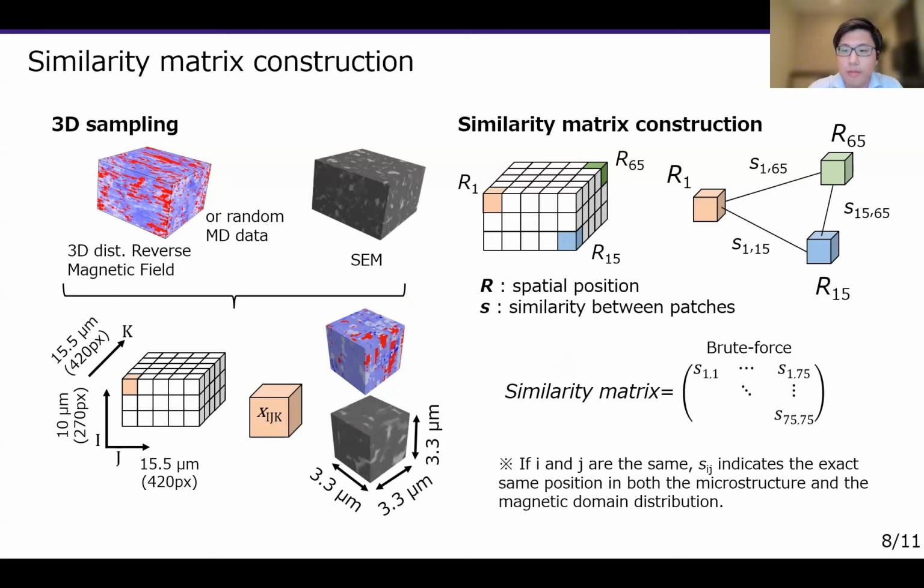When dividing each structure, if the subscripts of R are the same, they indicate the same spatial area. The calculated data is expressed as the similarity matrix, like that.